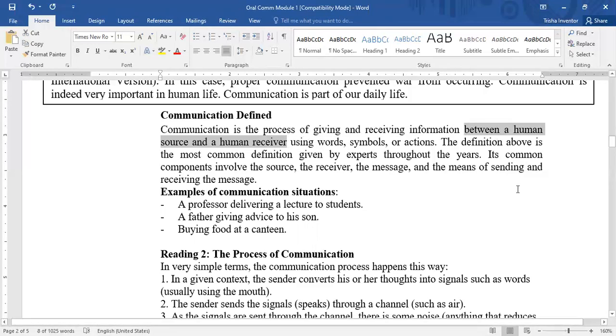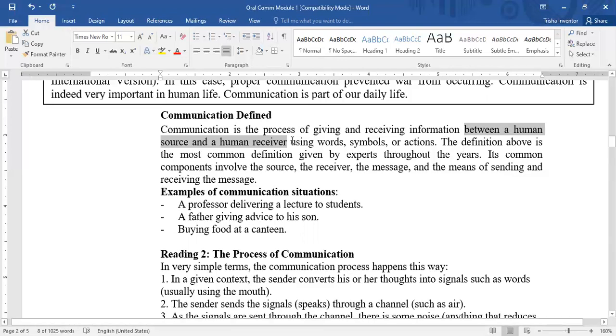So I, the teacher, am the human source, because I am the one giving you information. It comes from me. Now you are the human receiver because you are the ones who receive what I am giving you.